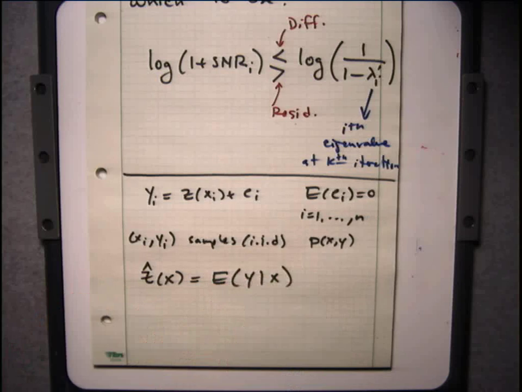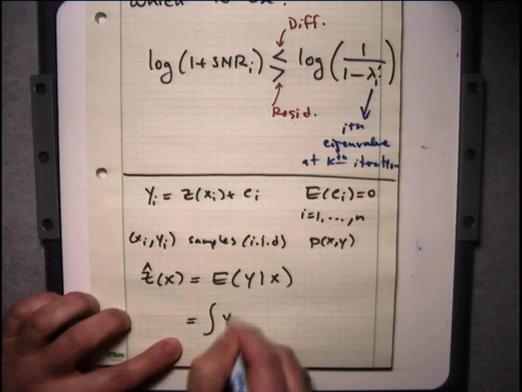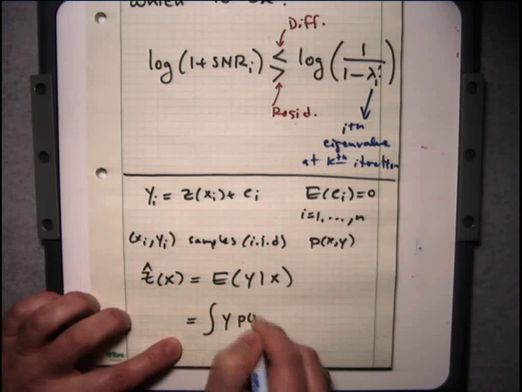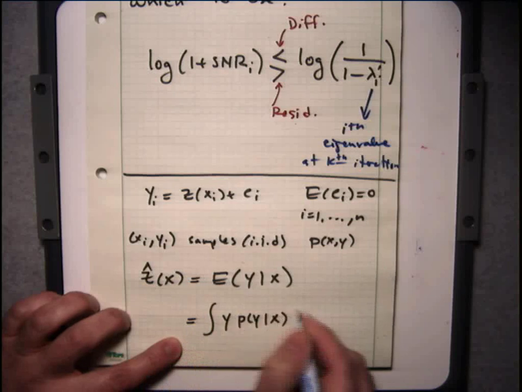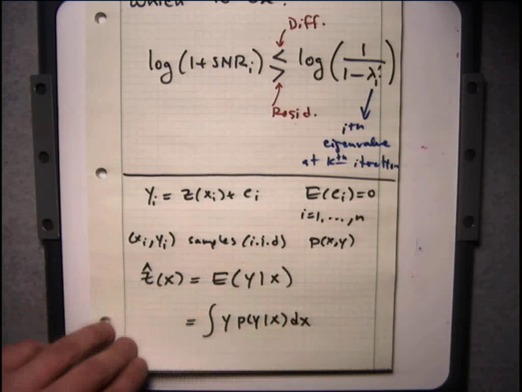You compute the conditional density of y given x, and this becomes your estimate. Okay, let me write this in a slightly different way. So this is the integral of y, p of y given x, dy, right? Okay. dy. Oh, sorry, dy, yes.